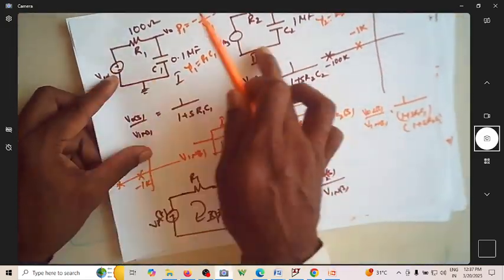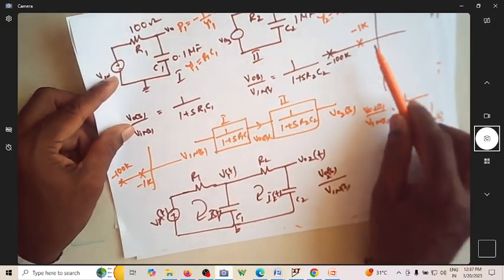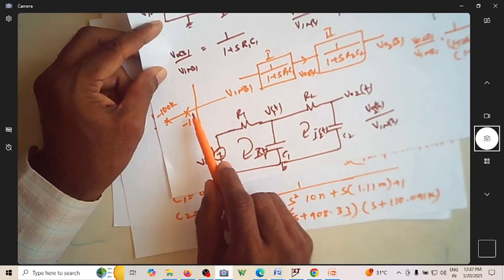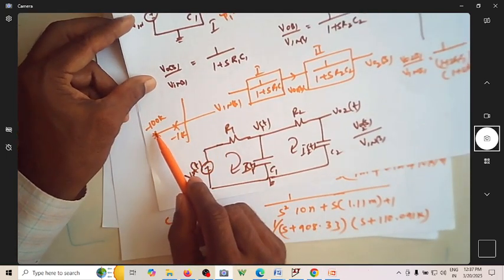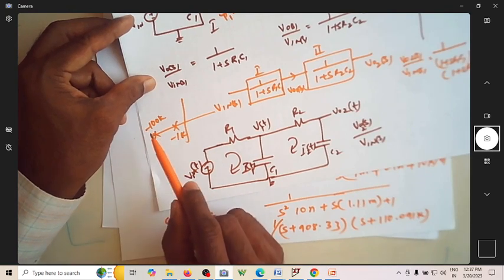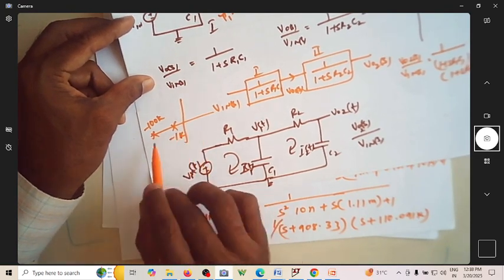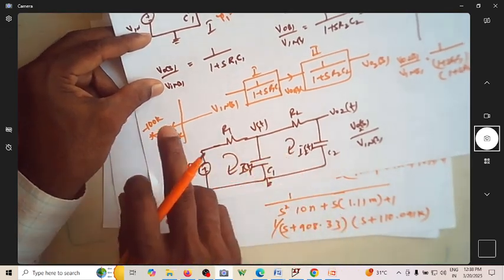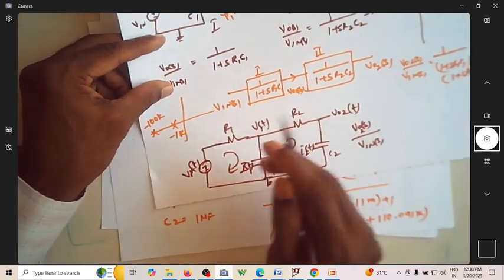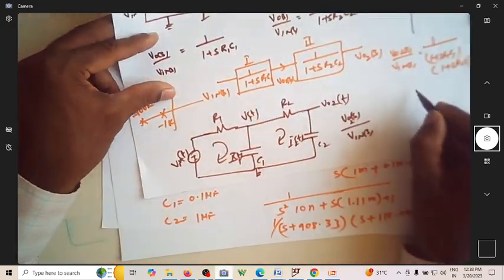The moment you connect them, of course we expected this should be at minus 1000 and this should be at minus 100,000, but they are not at that point, because when you cascade we were expecting this, but where actually we are getting the first pole.